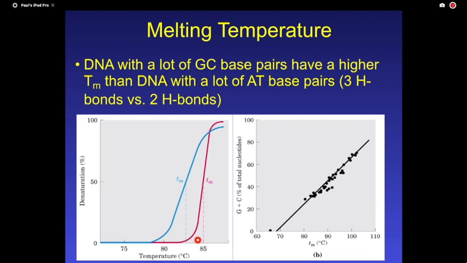This one's even tighter. Over maybe 1 or 2 degrees, it goes from almost full integrity to fully denatured, fully unfolded. And so the measure that we take is always at the 50% mark. 50% folded is the melting temperature, and we can compare the stabilities of DNA at the 50% mark.